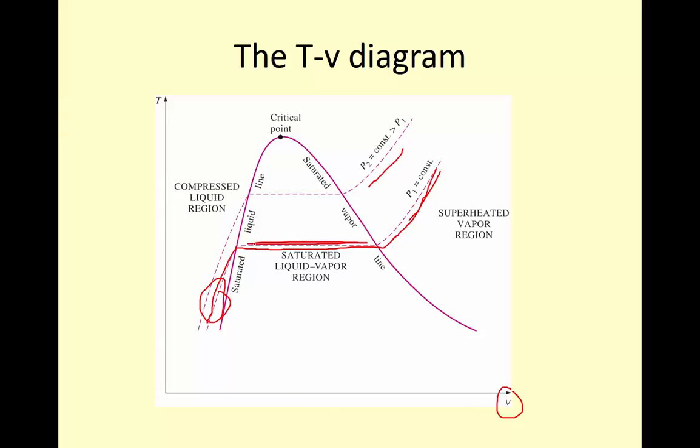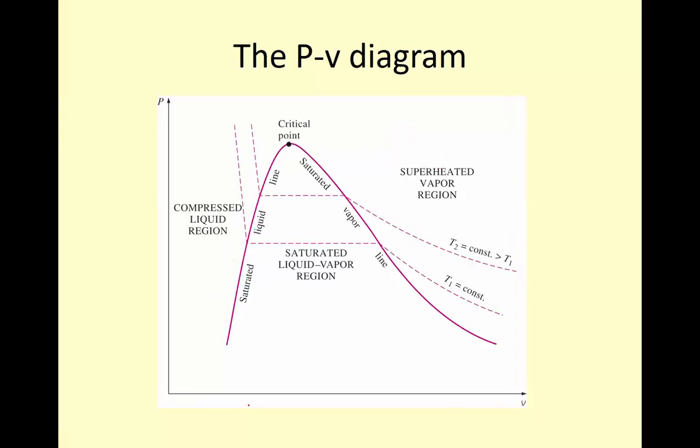They are flat through the saturated liquid vapor region, meaning that temperature and pressure are dependent and constant as we undergo a phase change process. And then the line shallows out a little bit. The slope is not quite so steep because the specific volume changes in a greater manner than it does for a liquid, as we have a vapor that is continuing to expand as we add energy or heat to the process. We can also plot this on a PV diagram.